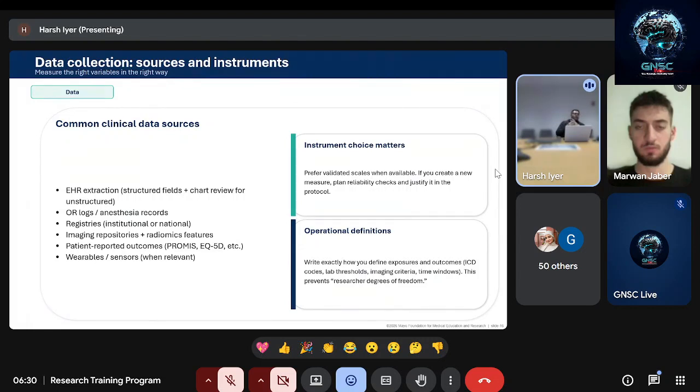For example, someone has a BMI of 40 kg per meter square, but everybody in my cohort of 100 patients who had a BMI of, say, 35 kg per meter square and above is included in the morbid obesity criteria. This is just an arbitrary example.